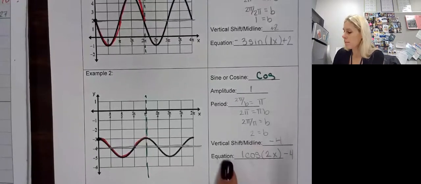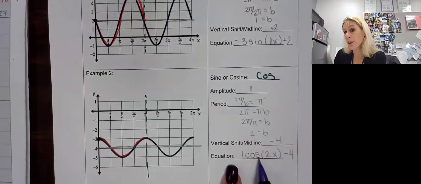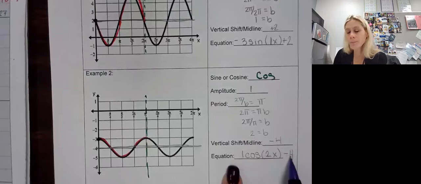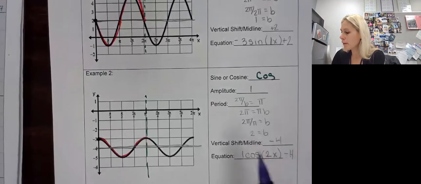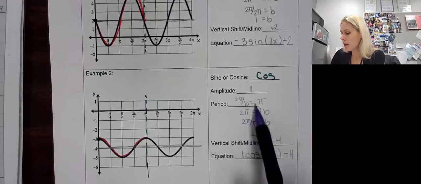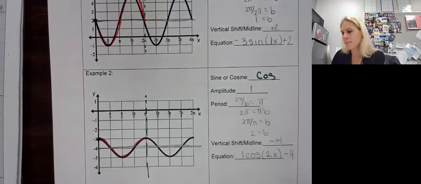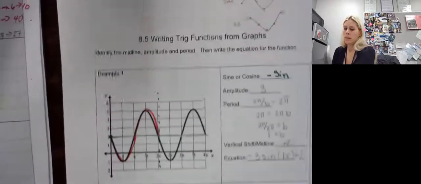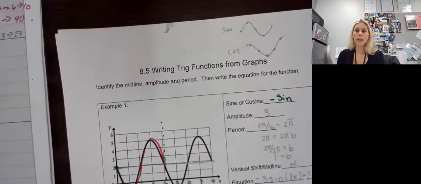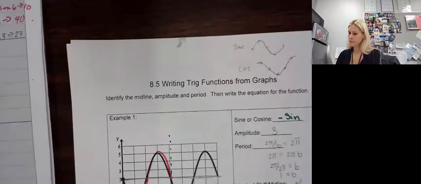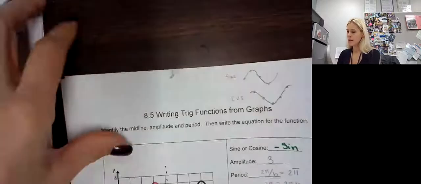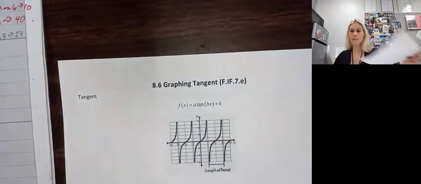So be careful of your places. You can look at your 8.4 notes to make sure this is A, B, and your midline, right? Your C, your D. But remember that your B has to deal with the period, but it's not the exact period. Okay, and that's all for writing trig functions. Now I'm going to go on to graphing tangent.